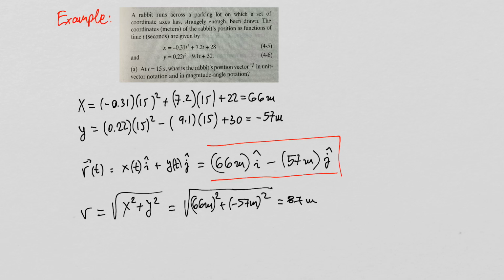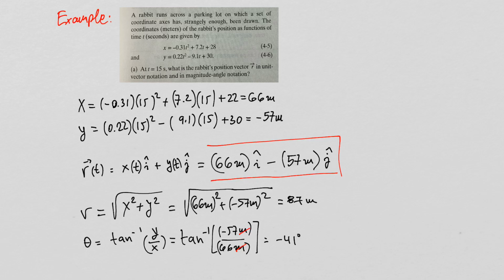And then for the orientation in space, the angle theta is equal to the inverse tangent of y divided by x. And so this will be equal to the inverse tangent of minus 57 meters divided by 66 meters. The units cancel out, and so the final result is negative 41 degrees. So let's sketch the vector to see where that angle is.